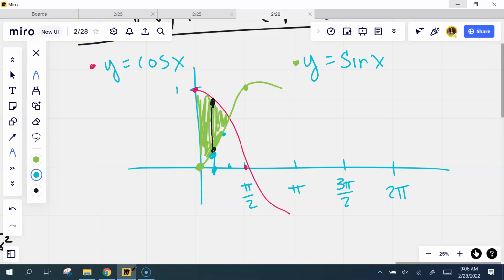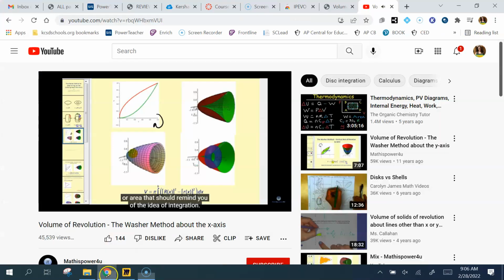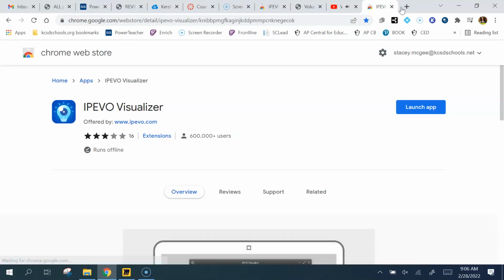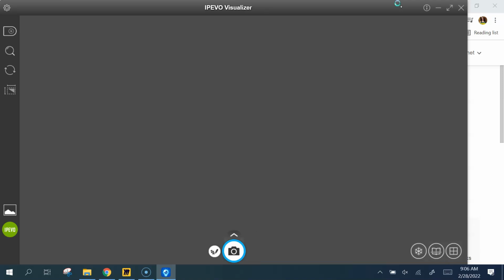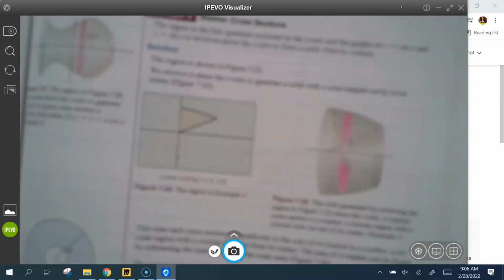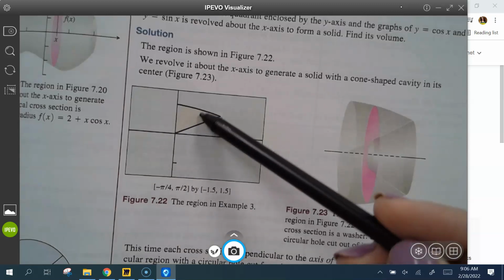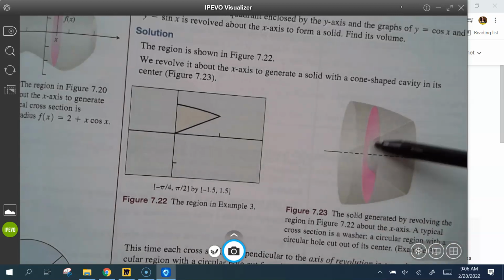Let me show you this picture that's in your book, because this might help you. It's good to visualize emotion. At the same time, you can just learn the method of doing it. You're still doing the same thing. All right, this is my little piece that I'm rotating, and this is the shape that it forms.